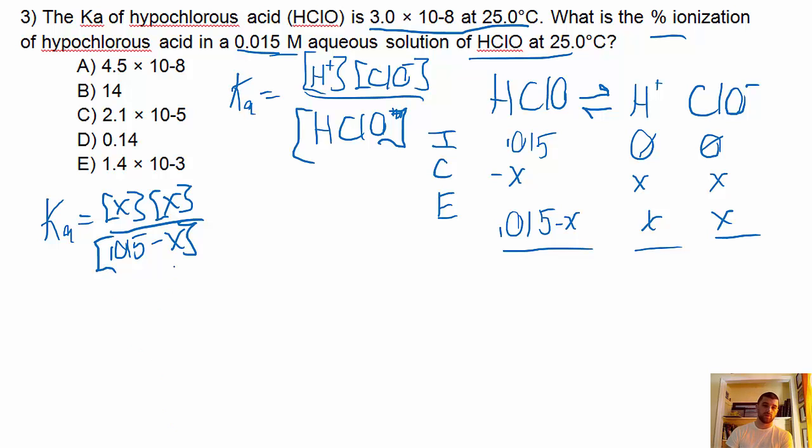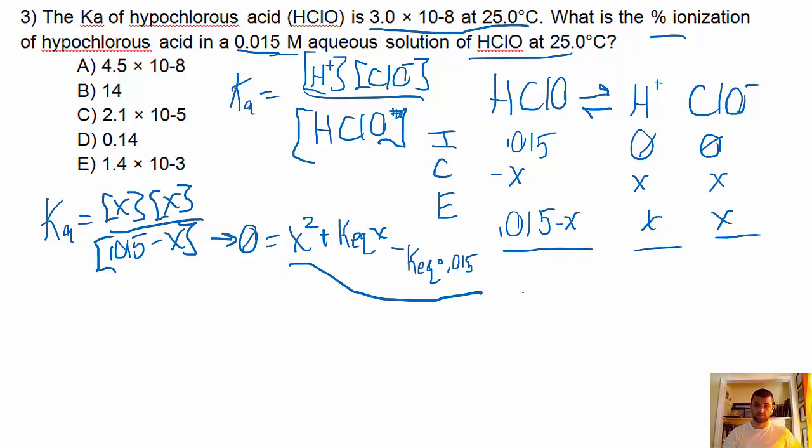We combine like terms and get everything on one side: 0 equals X squared plus Ka X minus Ka times 0.015, which is just a number. So we get this as our quadratic equation.